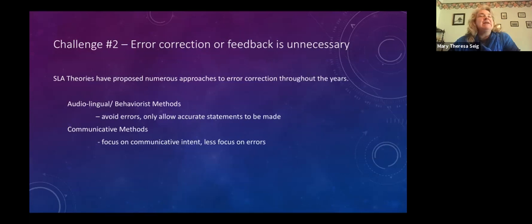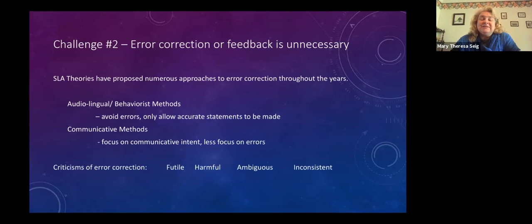And so we had such things as repetition drills. Communicative methods said to focus more on the communicative intent and less on errors. And so teachers were trained during that time that errors are to be expected, but we really want to focus on what the student is trying to say.